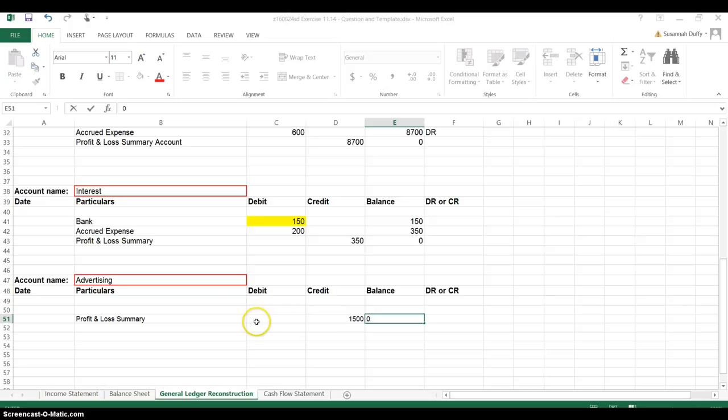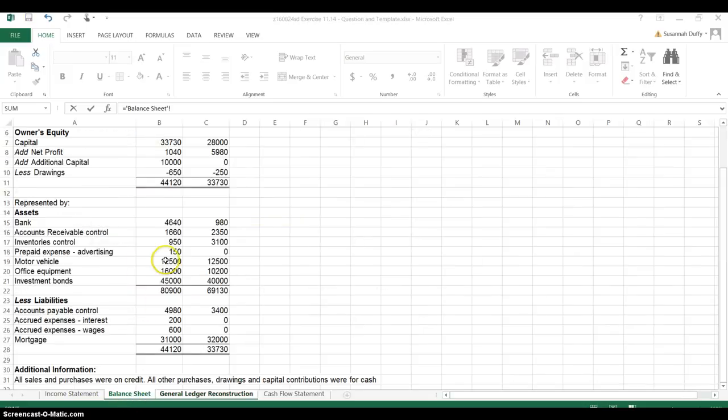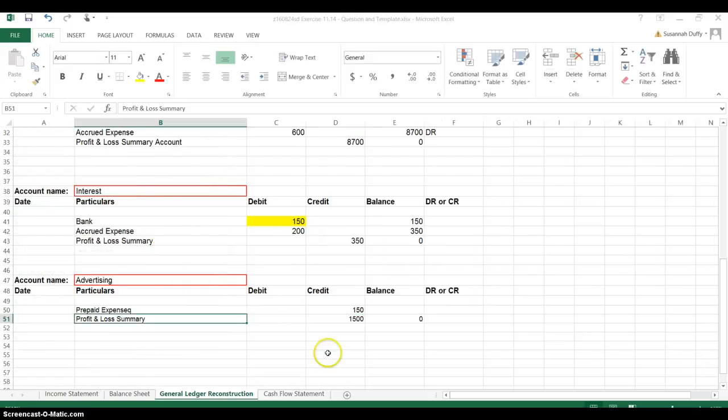We also know that we've got a prepaid expense. So this is something that we actually paid for, which we're not going to use up until the next financial year. So we reduce that amount for our advertising expense that shows in the income statement. So if we go and pick it up from the balance sheet, there it is there, 150.